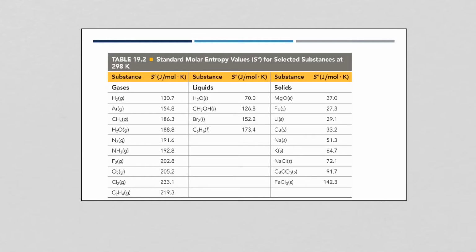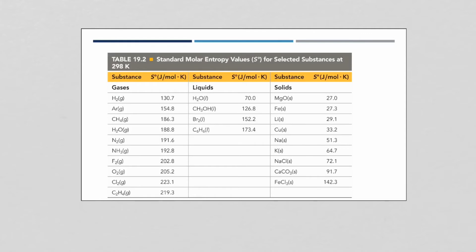So in that same table, you're going to find standard molar entropy values. You will also find delta G values, or free energy values, in that same table for the same materials. So you're going to look up all these values in the appendix when you actually go to solve problems for them. But notice that we have only positive values.